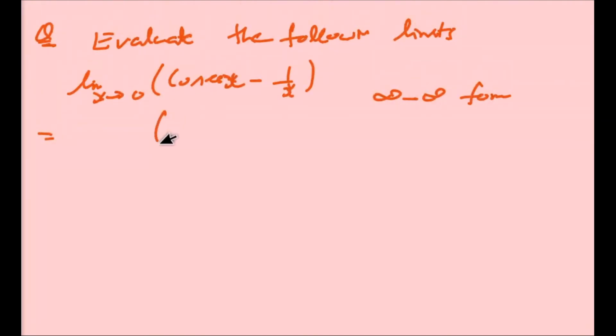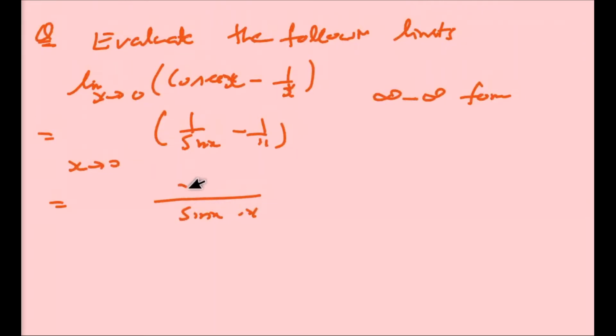So we can write 1 upon sin x minus 1 upon x, x tends towards 0, and we can take the LCM here. Now you can see 0 minus sin 0 is 0 into 0, so now it is 0 upon 0 form.